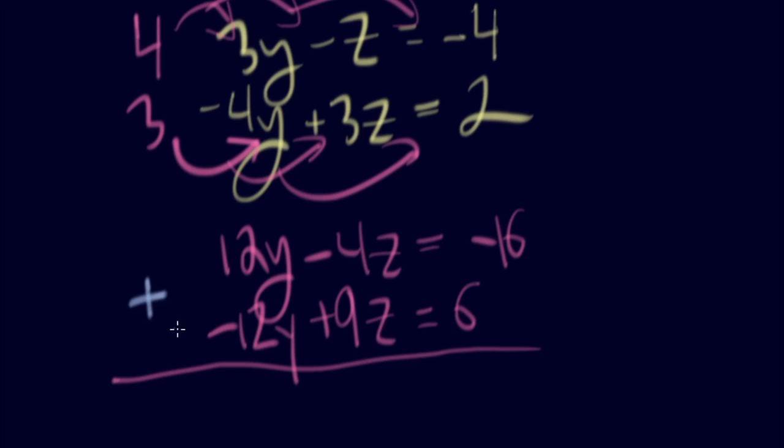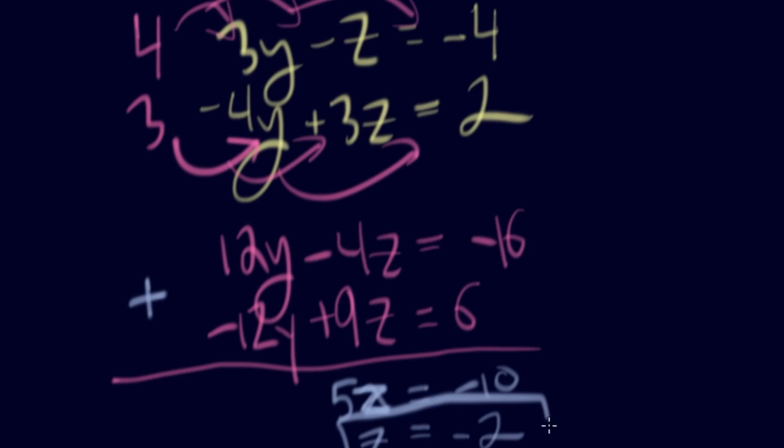So we're going to add those up. So I think we get 5z, seriously, it's a z, equals negative 10. So z is going to be negative 2. Okay. We have 1/3 of the answer, negative 2.